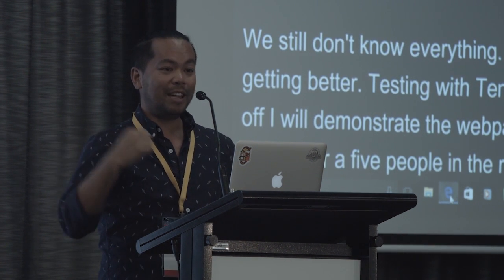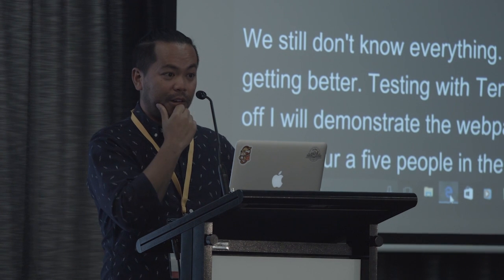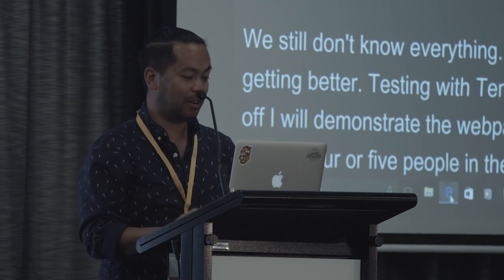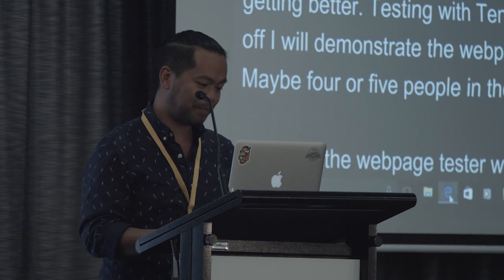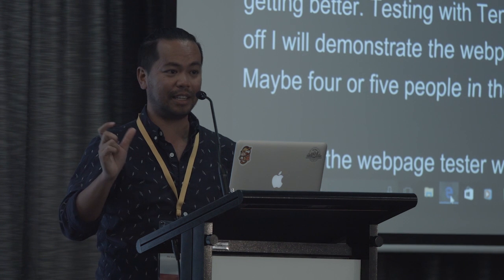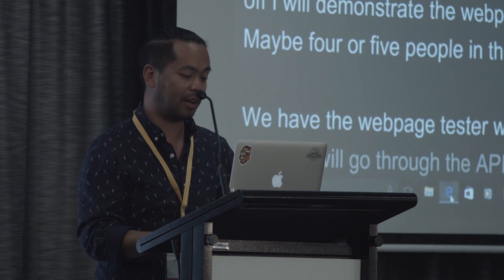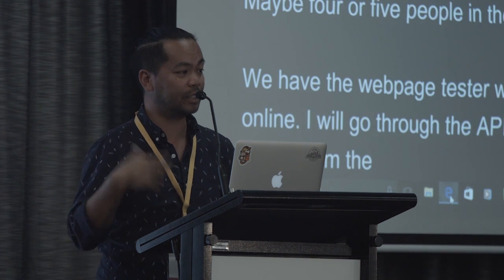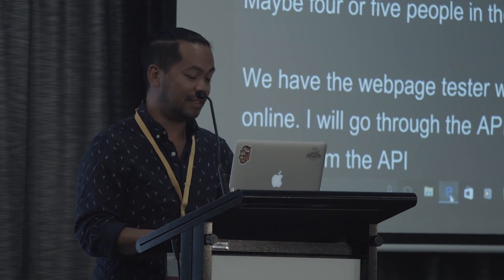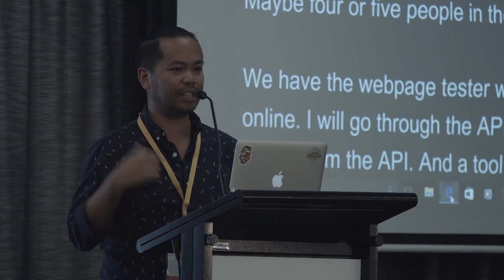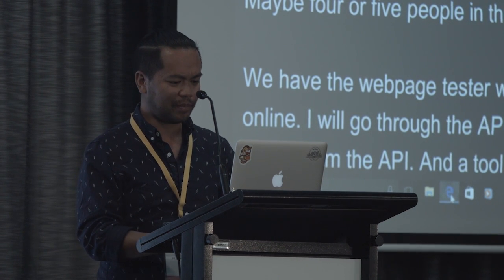So we've got the web page tester, which will show us a whole bunch of easy ways to test online using their online tester. I'll go through the API triggers as well, so we can start testing specific pages from the API. And then the Tenon CLI tool, which is a pretty cool tool to generate reports from. And then last but not least, their monitoring tools that you can set up within the dashboard.